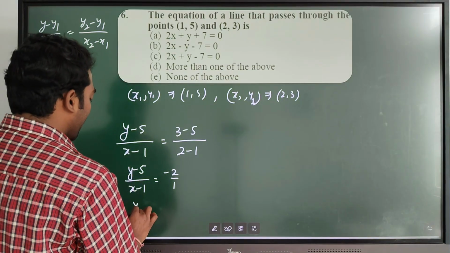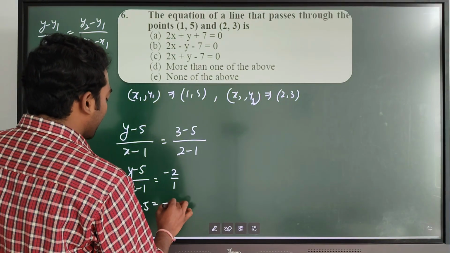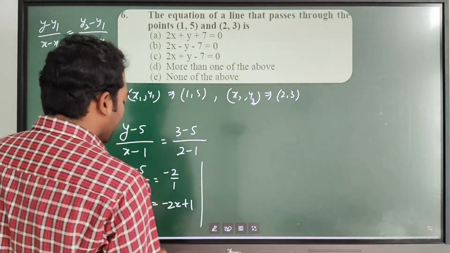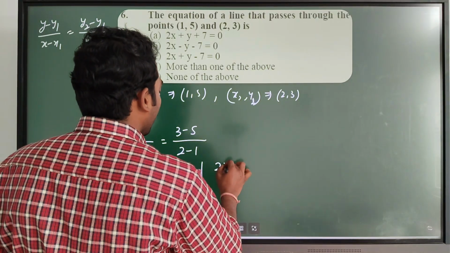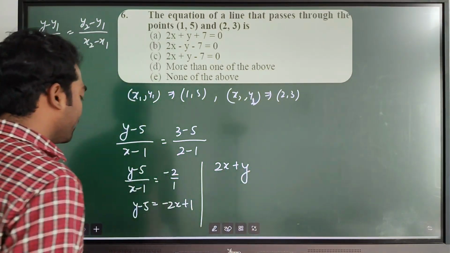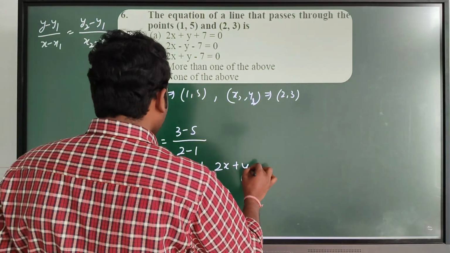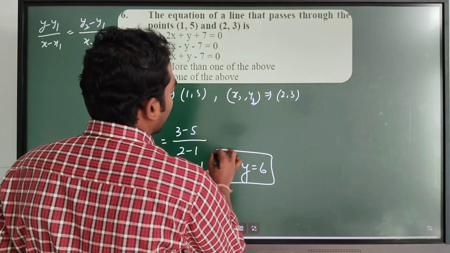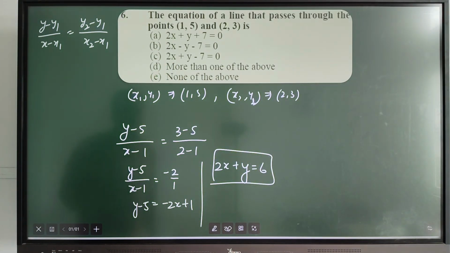On cross multiplying you will get y minus 5 is equal to minus 2x plus 2, or you can write this as 2x plus y is equal to 6, or 7. Is there any mistake?